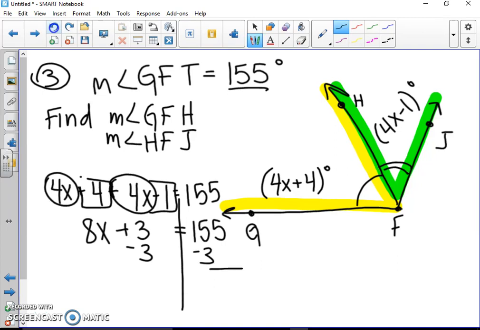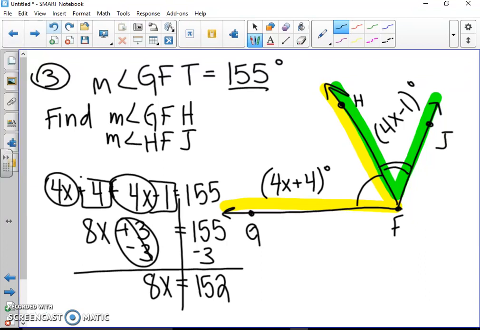We're just reviewing a lot of our algebra skills. All right, you should get x equals 19.